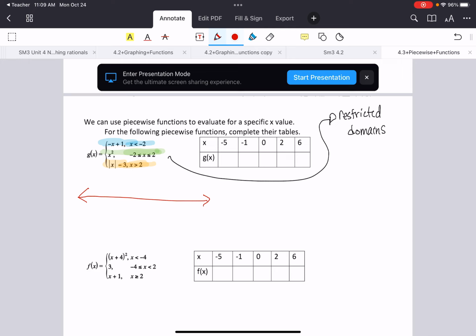Okay, so we want to look at these restricted domains to know where we're going to put our values. The first number we see is this -2, so we're going to write -2. And then we want to end with this number, +2.